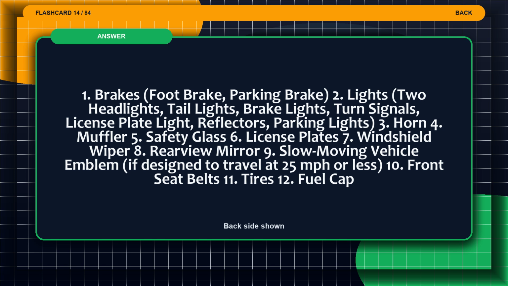Horn. 4. Muffler. 5. Safety glass. 6. License plate. 7. Windshield wiper. 8. Rear view mirror. 9. Slow-moving vehicle emblem if designed to travel at 25 mph or less. 10. Front seat belts. 11. Tires. 12. Fuel cap.